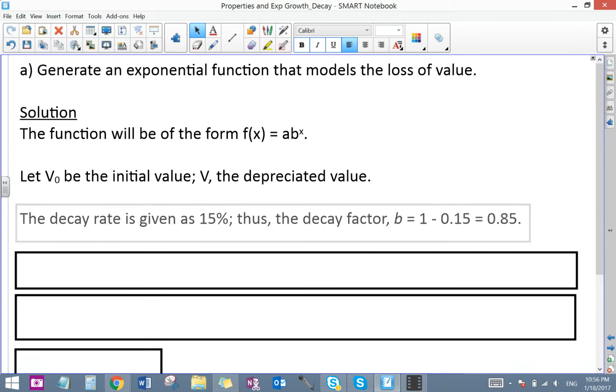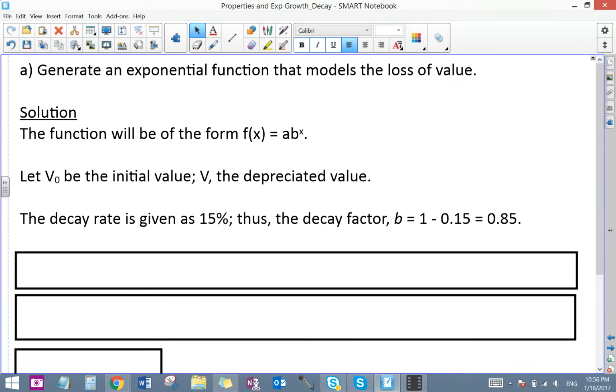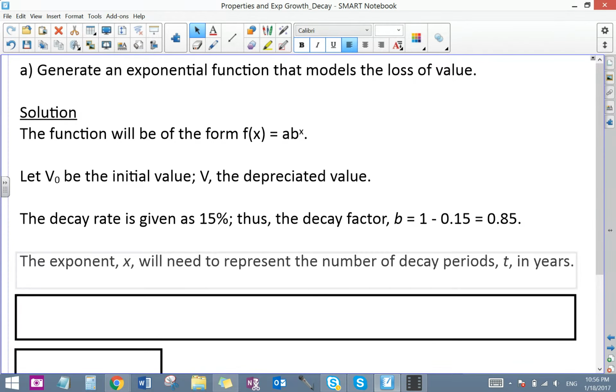So the rate was given as 15%, which means that our factor, or decay factor, must be 1 minus the decimal equivalent of 15%, or 0.15, giving us a decay factor of 0.85. Now the exponent x is going to represent the number of decay periods.